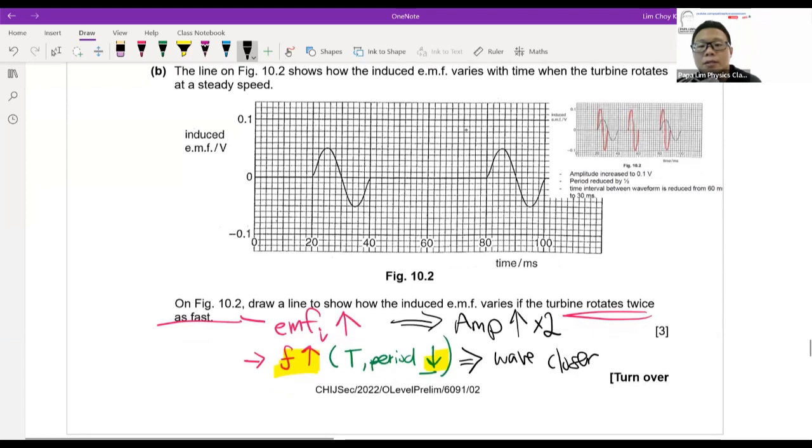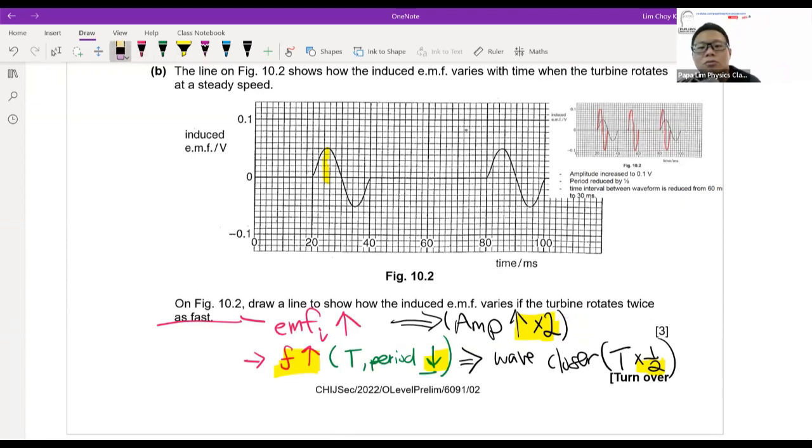So the T will actually be smaller by half, it will be T divided by 2. So there are actually numbers involved here. Just take note of the answer. So when the amplitude doubles, if I'm actually at 5 squares, then after I double, I should actually have 10 squares.